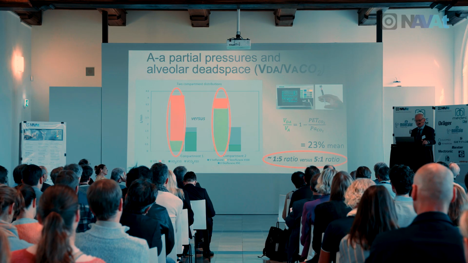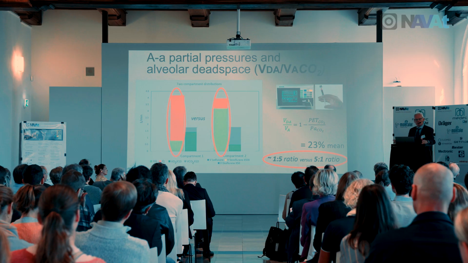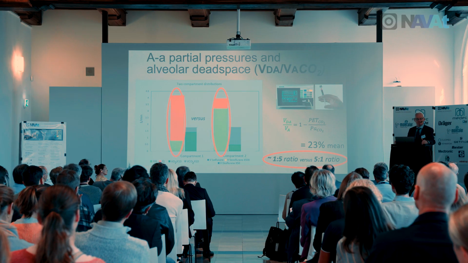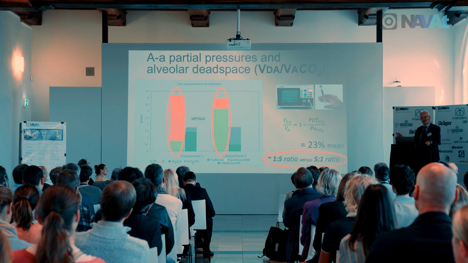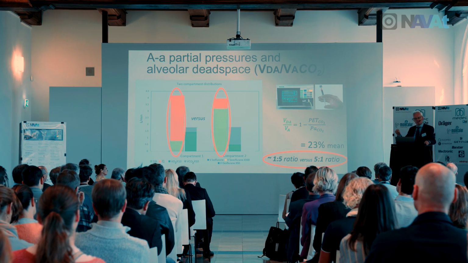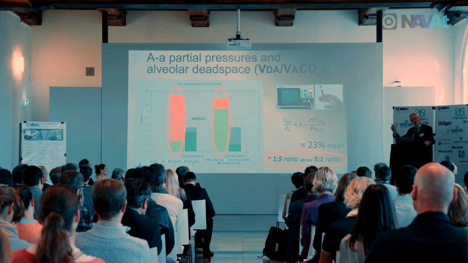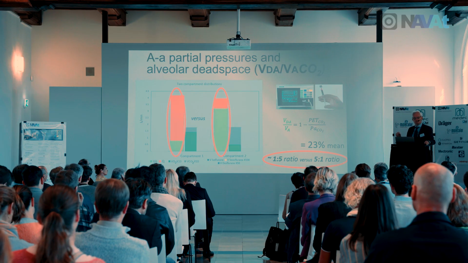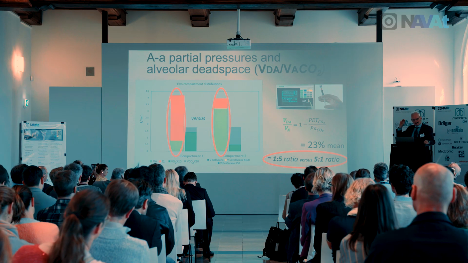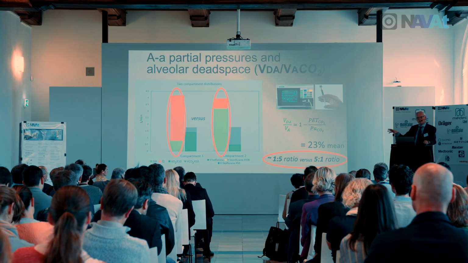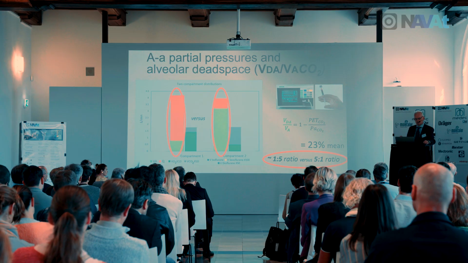It turns out the magic number is 5. So in the low VQ lung compartment, we have a VQ ratio of 1 to 5, 1/5, and in the high VQ lung compartment, it's 5 to 1. If we do that, we get values that closely approximate what we see in our anaesthetised patients and what we measured in our studies.